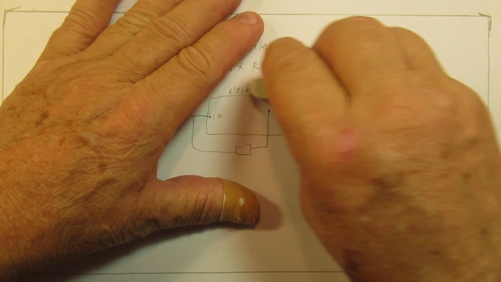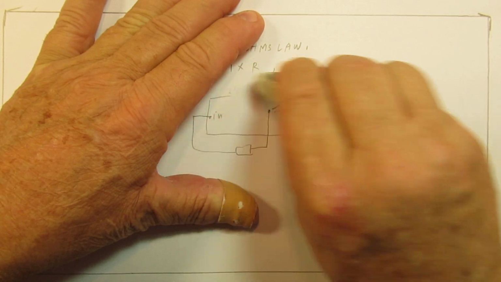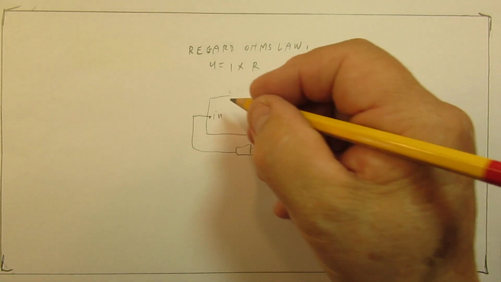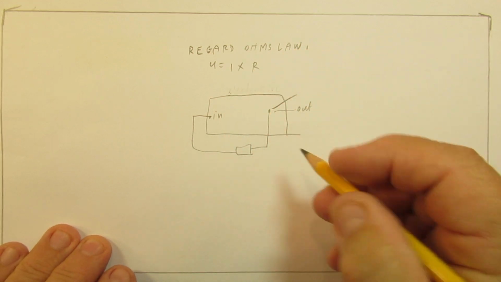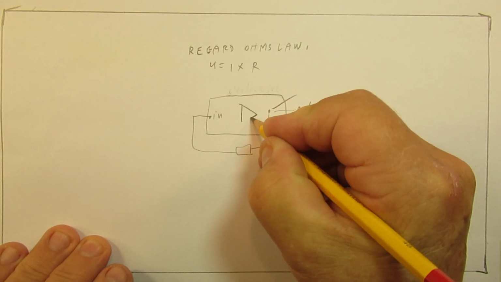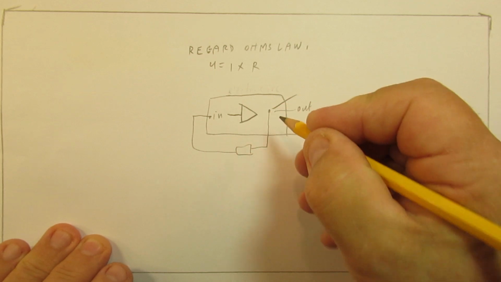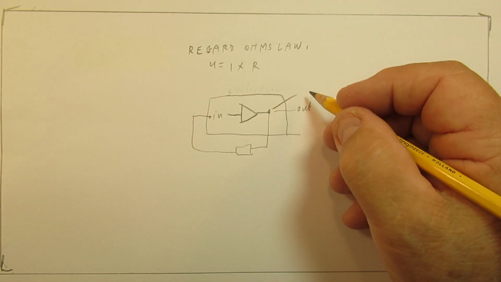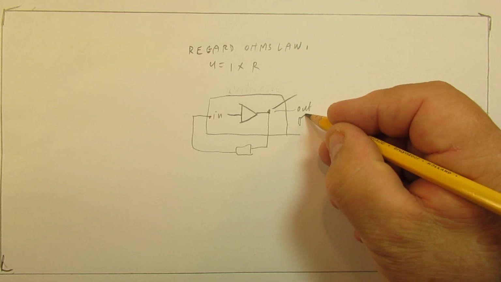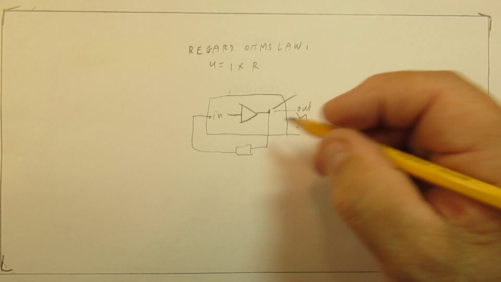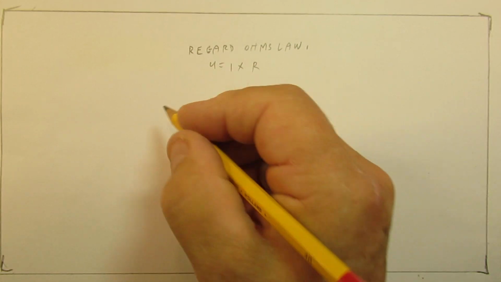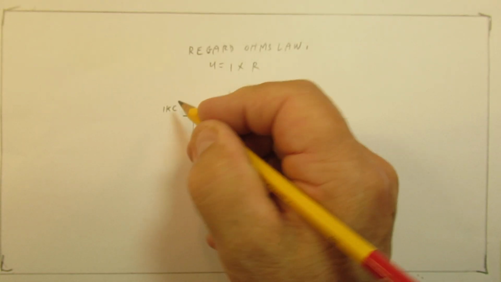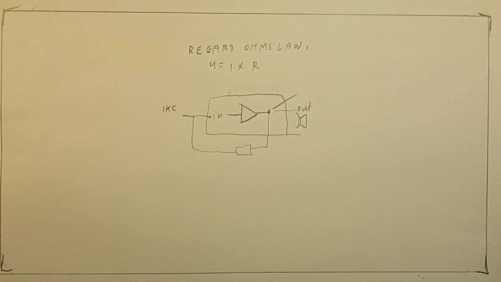I don't want to go too deep because otherwise my video will get far too long. Say this is an amplifier. Here we have the input and here we have the output. Say here's a loudspeaker connected to the output of that amplifier, and here we send in 1 kilocycle, 1000 Hertz.